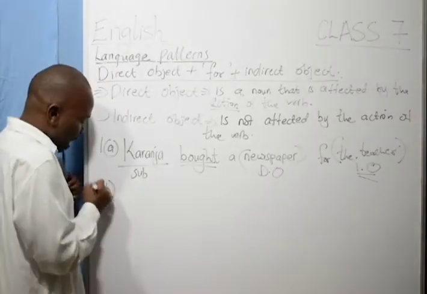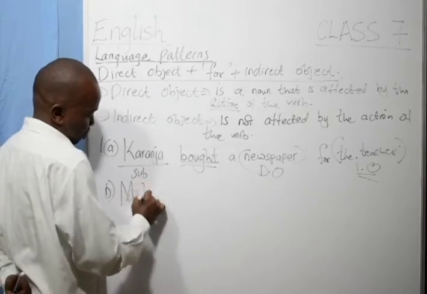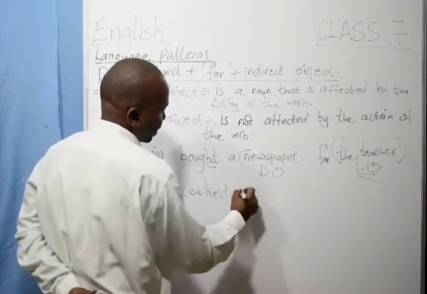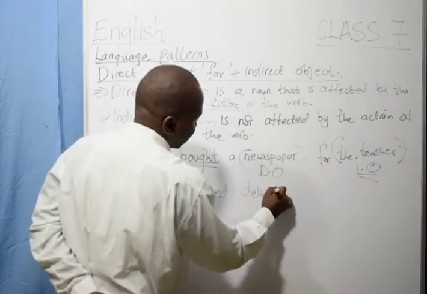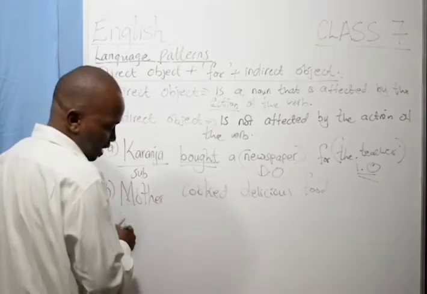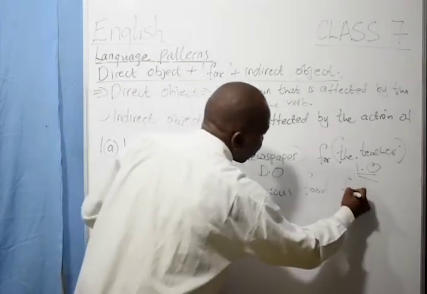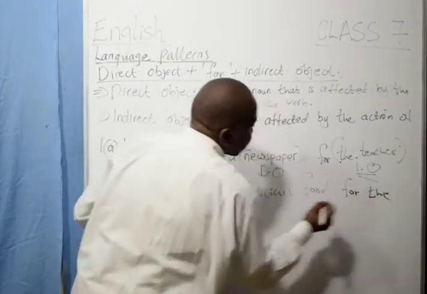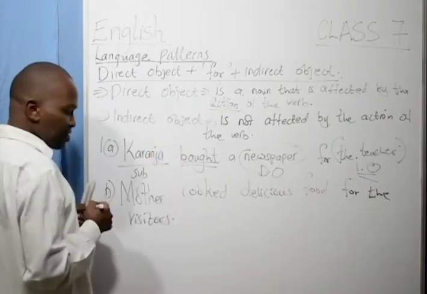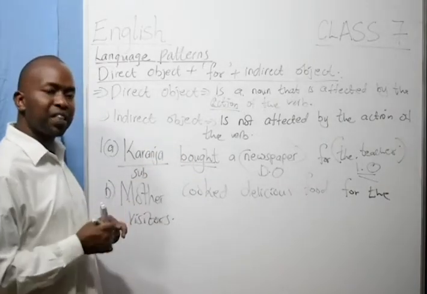We can also have another example here. Mother cooked delicious food for the visitors. So, having written that, can we identify the different parts of that sentence?